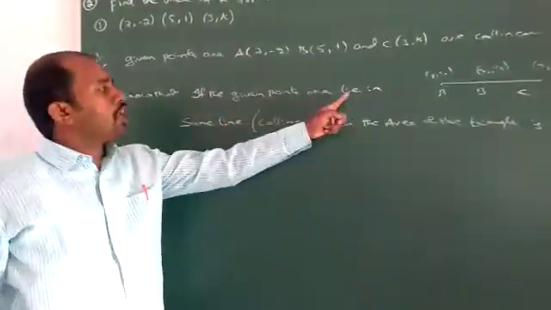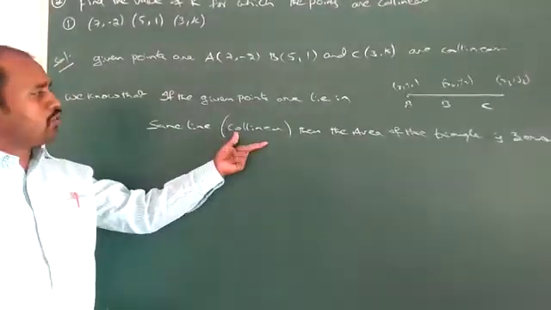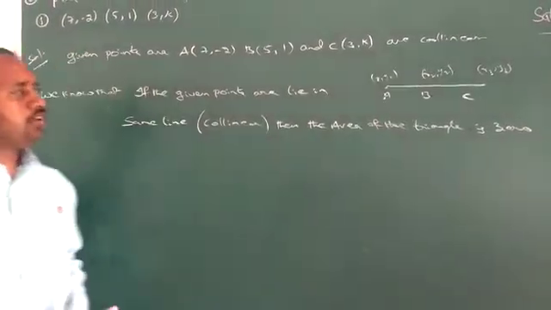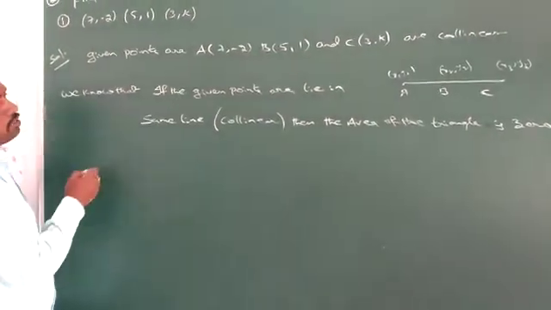If the given points are lying on the same line, that is collinear, then the area of the triangle formed by the given points is 0. Okay. Now you write the formula.